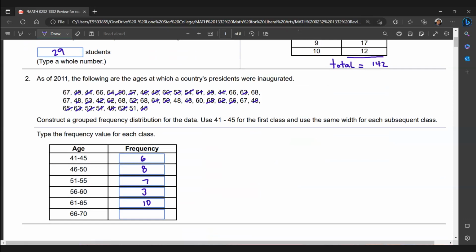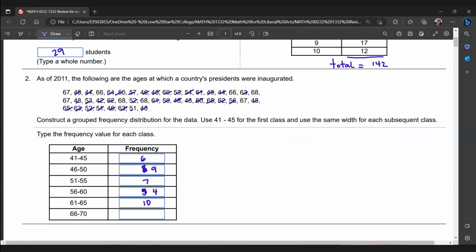In doing that, I think I missed a few. I definitely missed this 60 before, so I'm going to change that to a 4. I also did not count this 48 because I didn't cross it out, so that 48 would have been here. So 9.